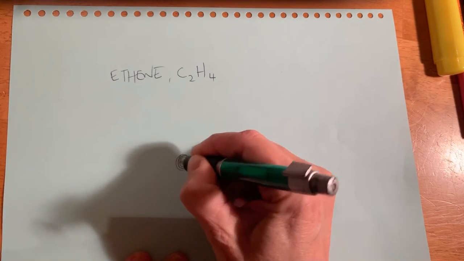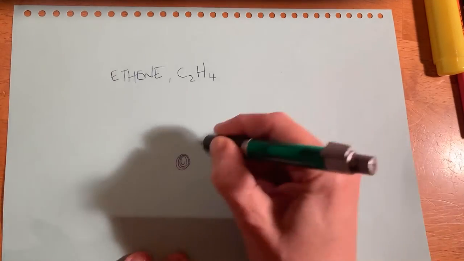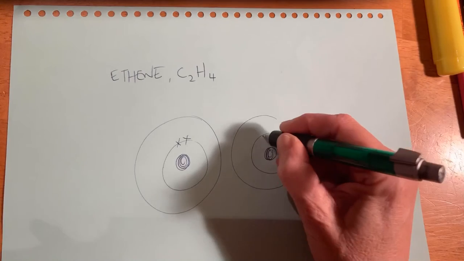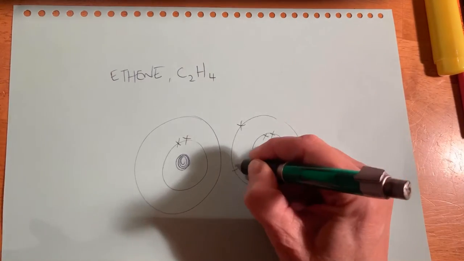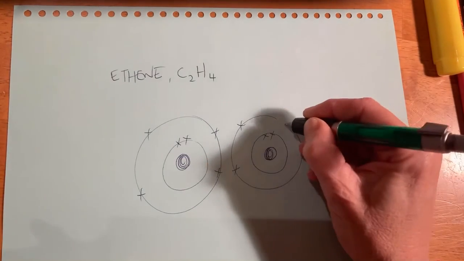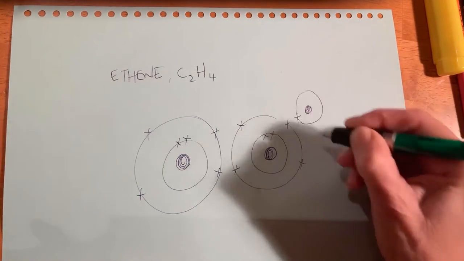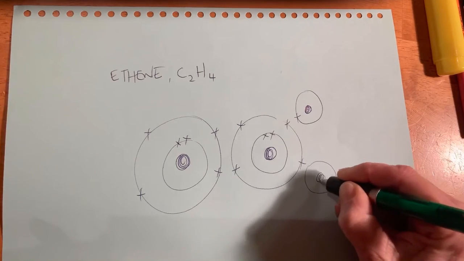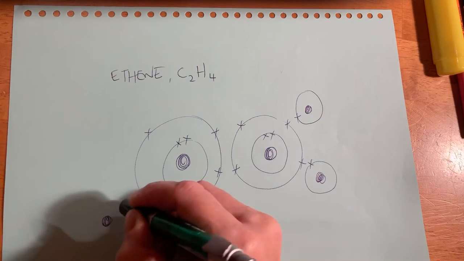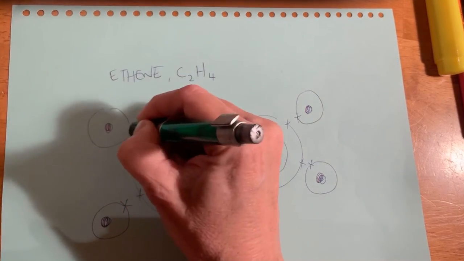So again, we've got 2 carbon atoms, 6 electrons, 1, 2, 3, 4, and then we've got 4 hydrogens, each with 1 electron.